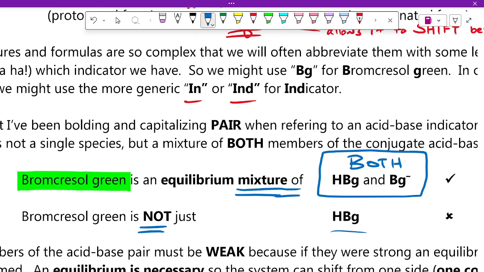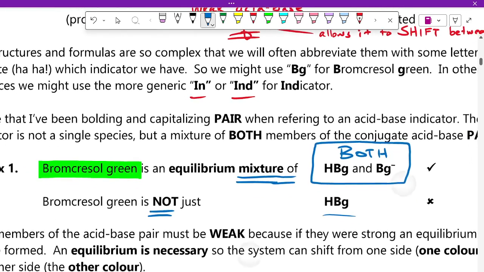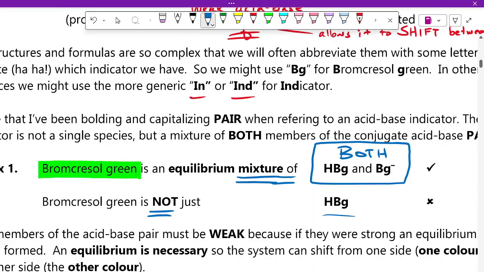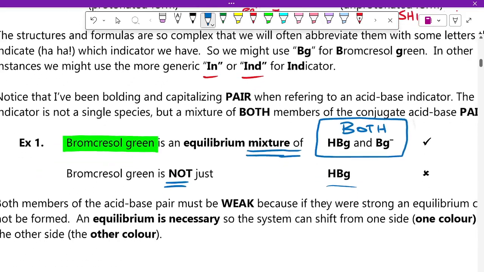It's not just HBG. And remember, in any equilibrium system, even if we push it all the way to the right, there's still going to be a little itty bitty teeny weeny amount going the other way. Even if we push it all the way to the left, there's going to be a little bit of that itty bitty teeny weeny amount.